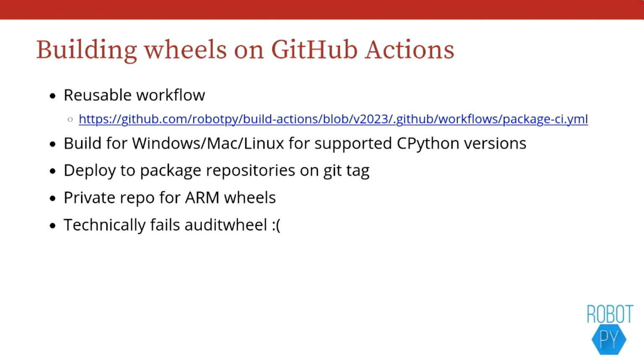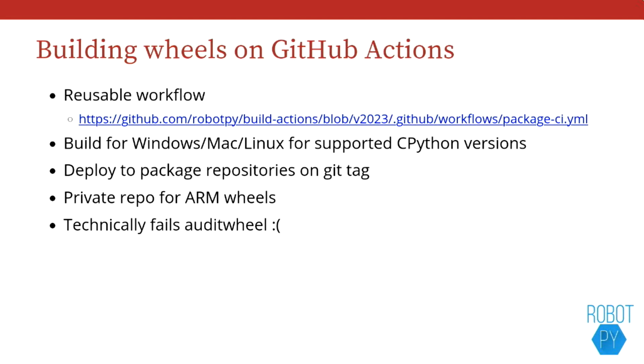We have a lot of repos, so we created this reusable workflow, which is a GitHub Actions feature where you can say, hey, this CI pipeline should just run this CI pipeline that's defined in this other repo.